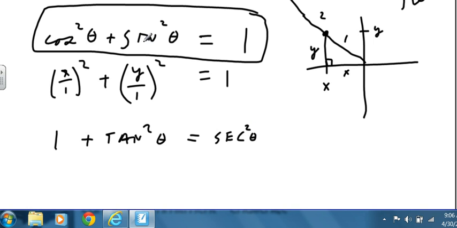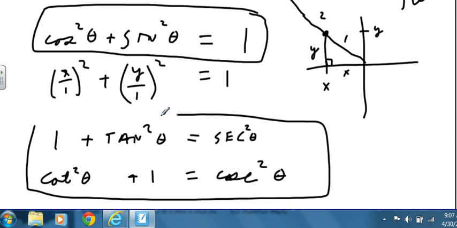And I can divide it by sine squared, and I'd have cotangent squared theta plus 1 is equal to cosecant squared theta. So those are two other formulas that derive directly from cosine squared plus sine squared is 1.